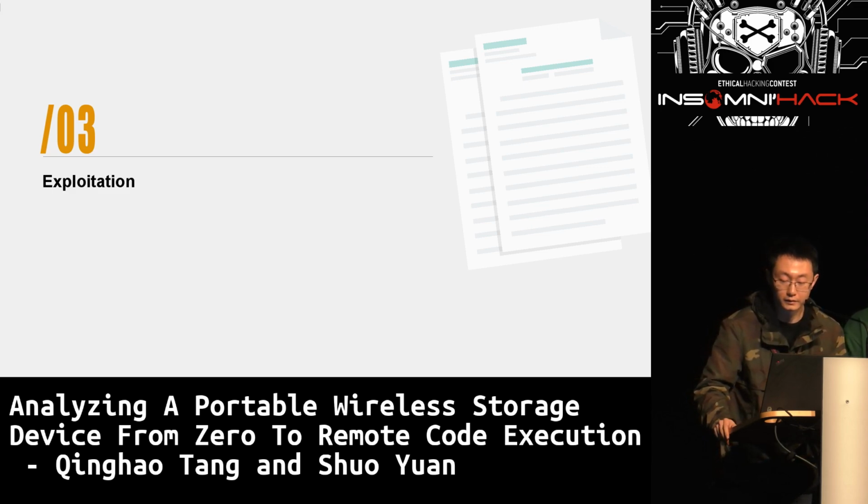The second one is that the shared directory path of the device should be known. However, on this device, the shared directory path is stable, so the exploitation is easy to implement.